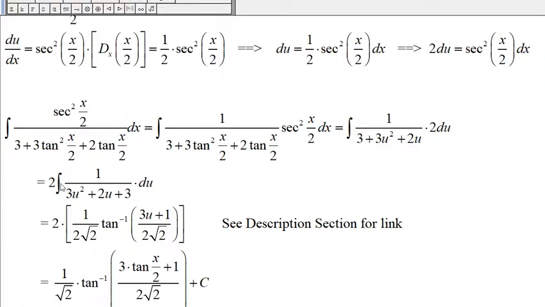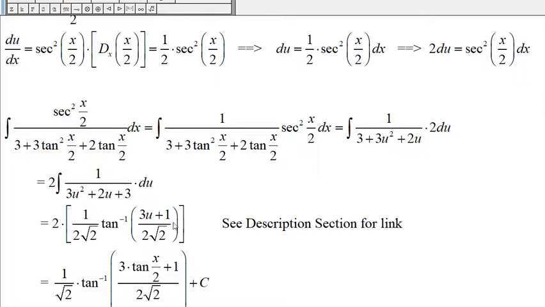Move the 2 and place it in front of the integral, and we get 2 times the integral of 1 over 3u squared plus 2u plus 3. In an earlier video, we have shown that the integral of 1 over 3u squared plus 2u plus 3 is 1 over 2 times the square root of 2 times tangent inverse of 3u plus 1 divided by 2 times the square root of 2.